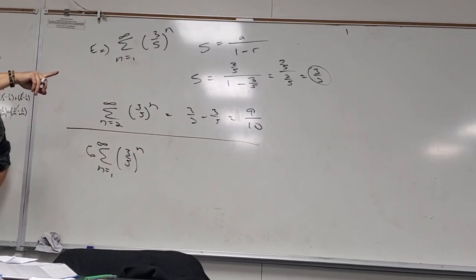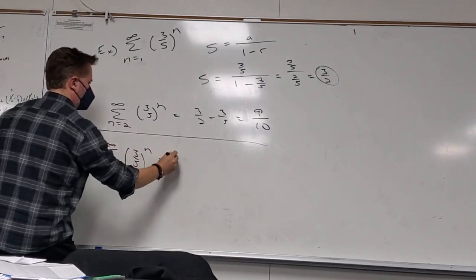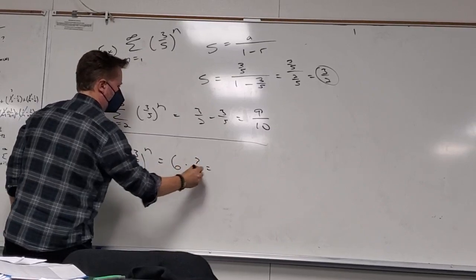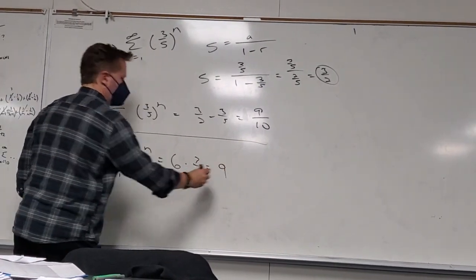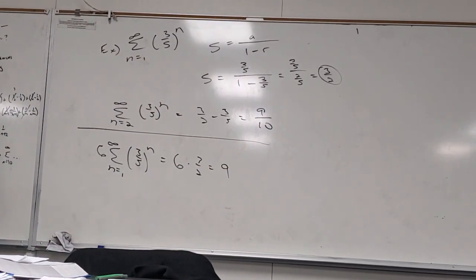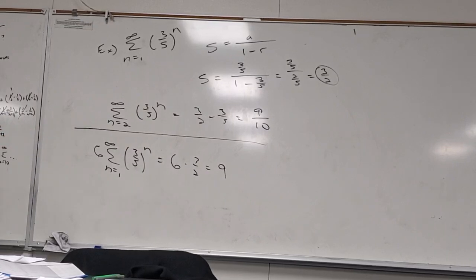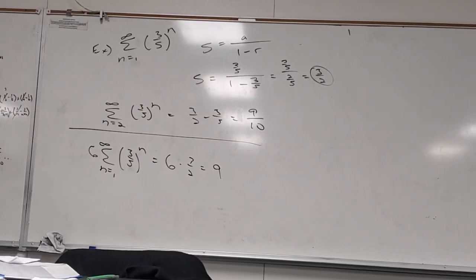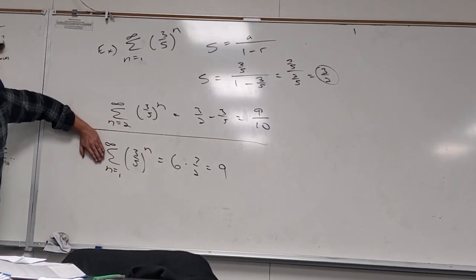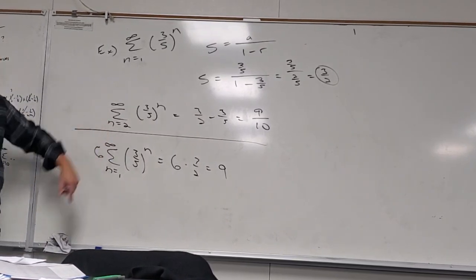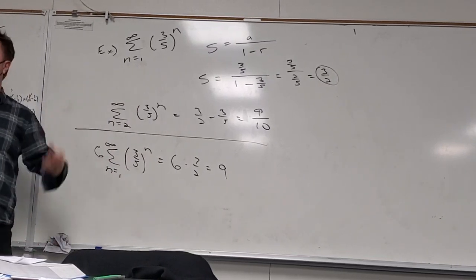It's 6 times 3 halves, correct? That's 9. Everybody's saying 15, but it's 9. Any multiple of a series, if it converges, will just converge to that multiple of it. If it diverges, it'll still diverge. 6 times infinity is still infinity.